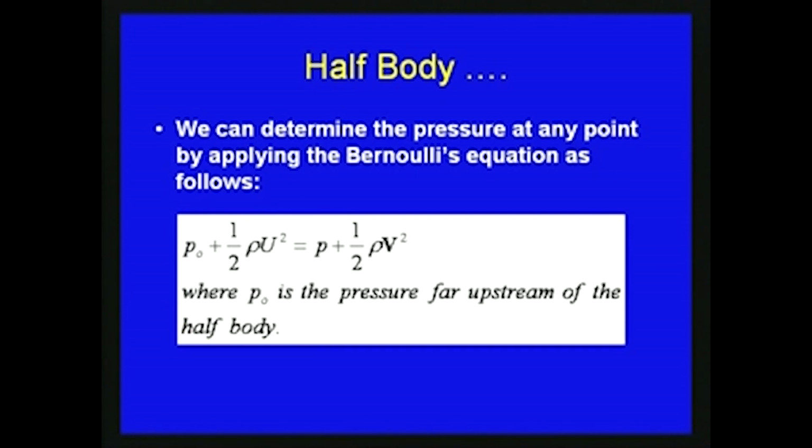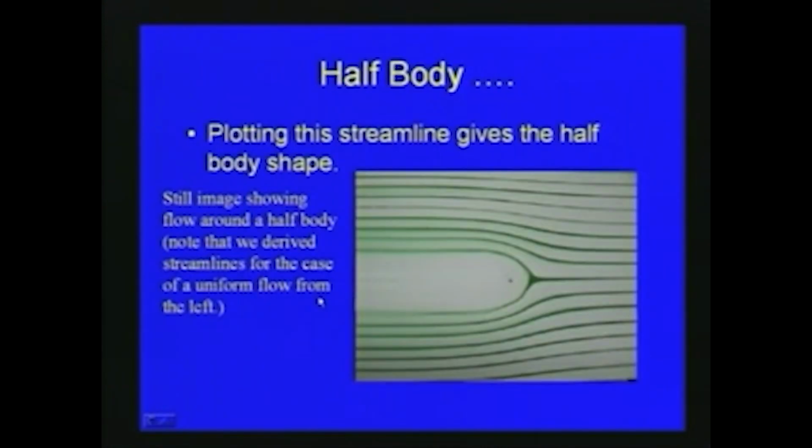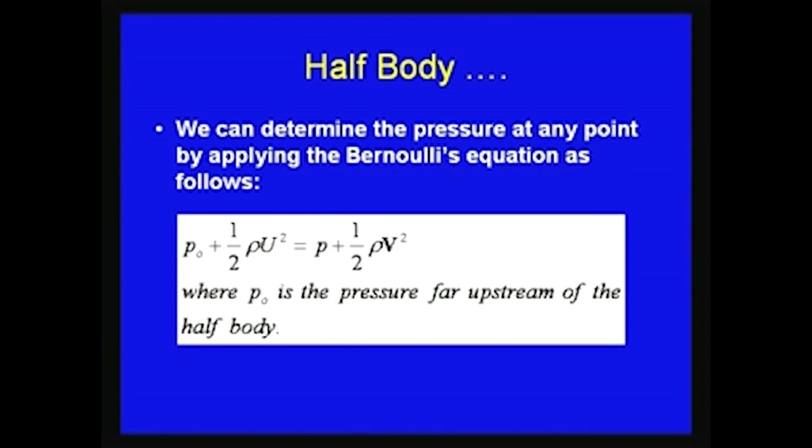So, finally, if you want to determine the pressure at any point, we can use Bernoulli's equation, as I mentioned earlier. We can write P0 plus half rho u square is equal to P plus half rho V square, where P0 is the pressure upstream of the half body, u is the uniform flow velocity, V is the velocity at any point which we have already calculated, and rho is the density.